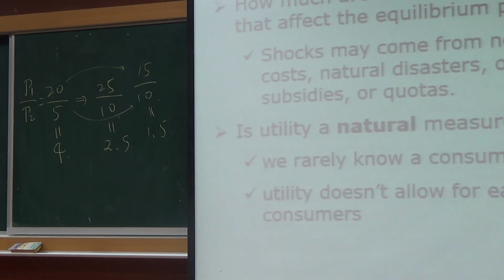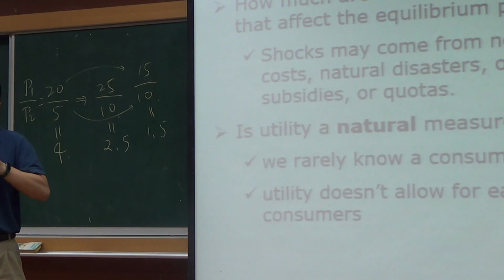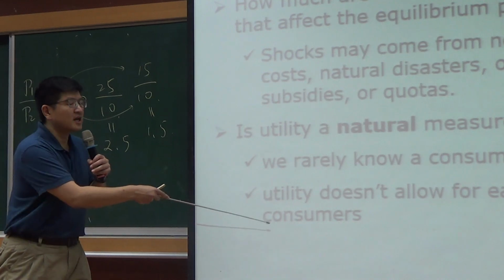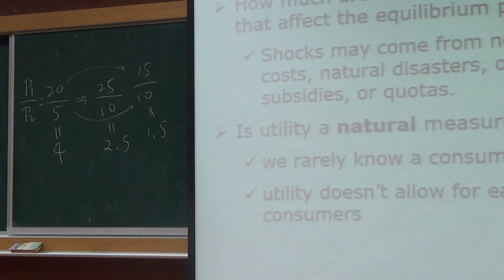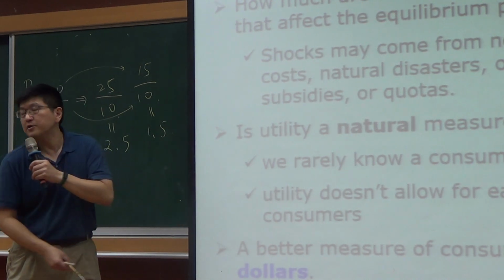But I may say that I feel better now than I did in the morning. So I may compare within myself, but across people, it's hard to do that. So a better measure of consumer welfare is in terms of dollars.